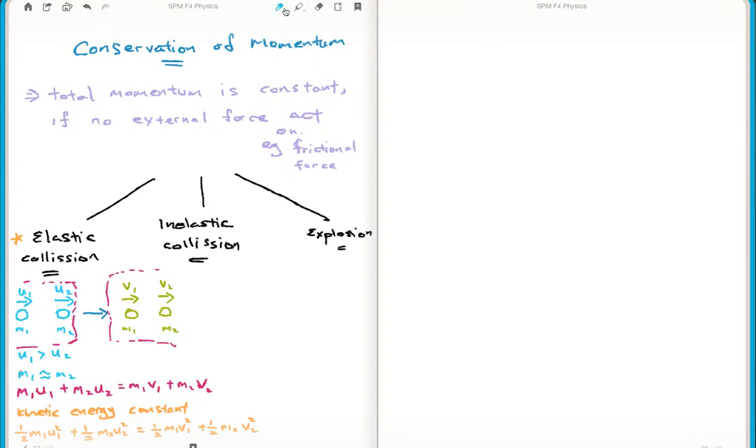Inelastic is even easier. What happens? In an inelastic collision, there are two objects, mass 1 and mass 2. Maybe mass 2 is not moving.